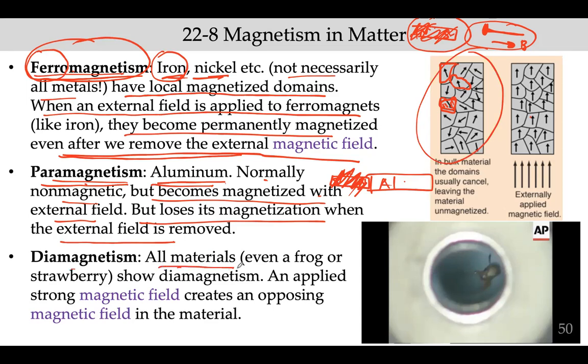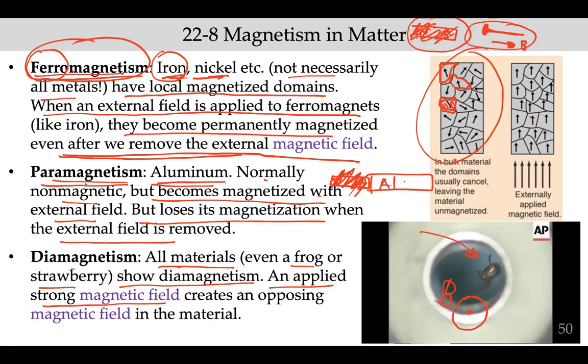All materials, even a frog or a strawberry, here you can see the frog, show diamagnetism. An applied strong magnetic field, here there's a strong magnetic field, creates an opposing magnetic field in the material. So let's say that strong magnetic field is out of the page. Now here we have a frog.